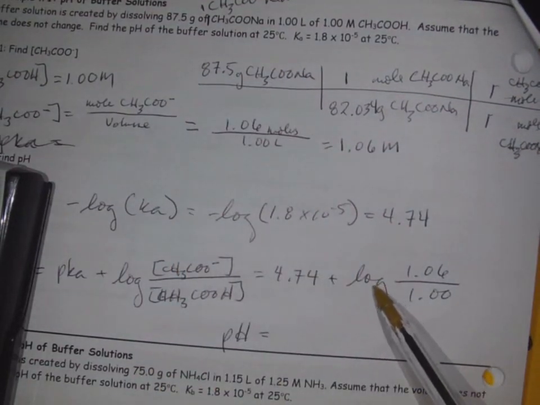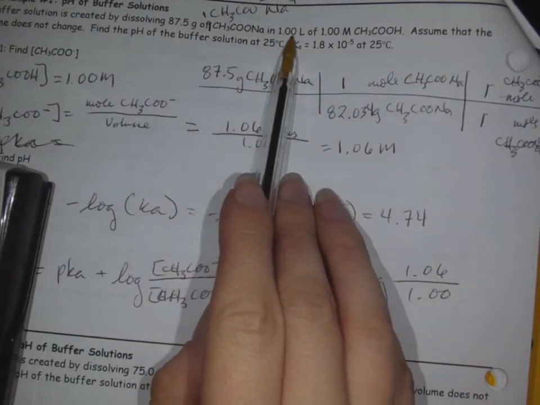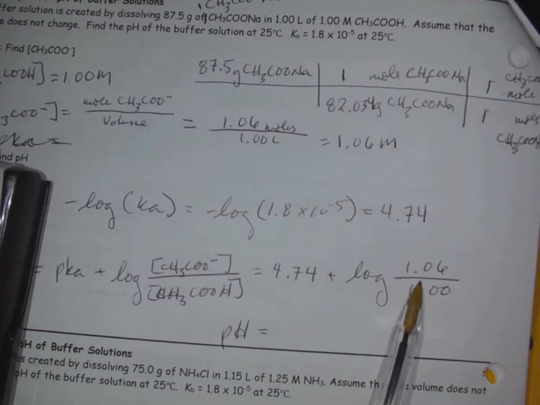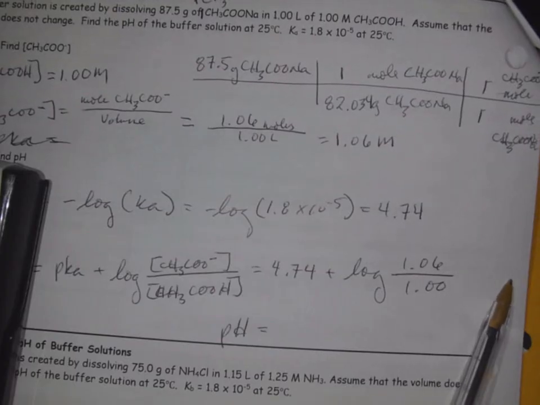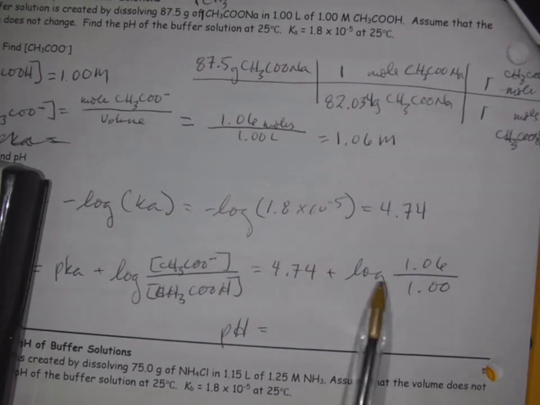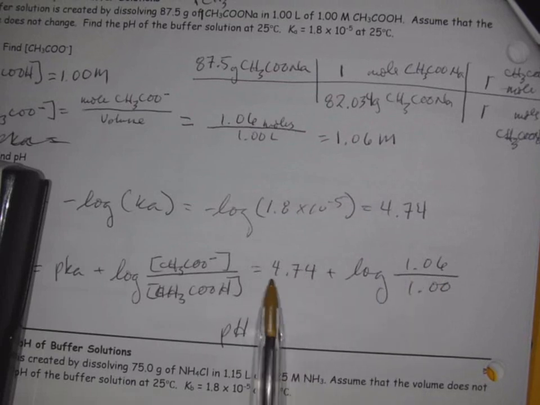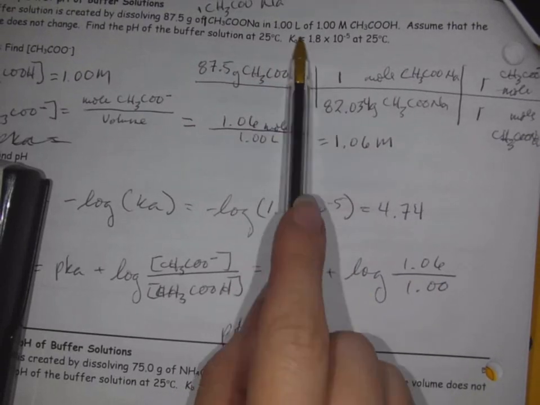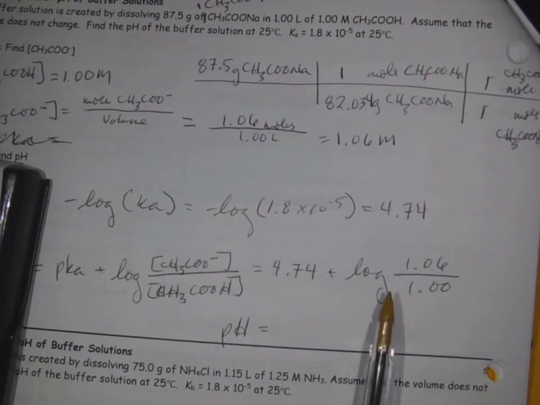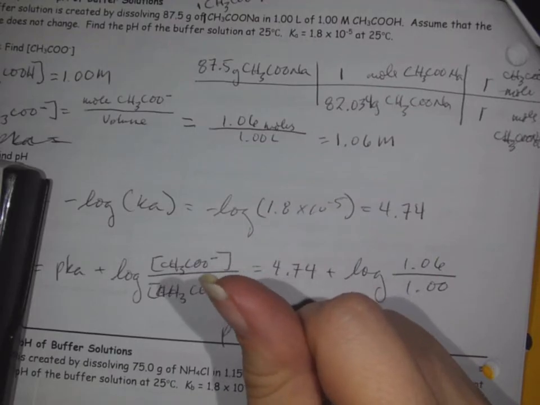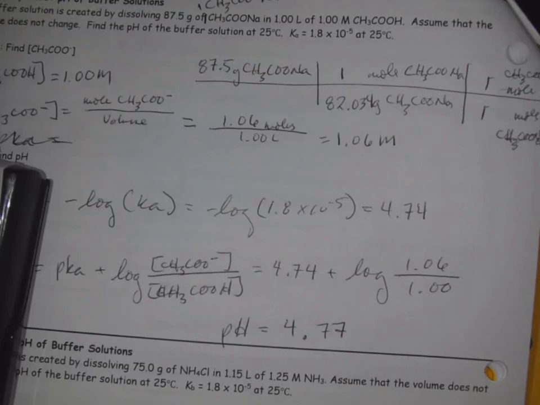We're taking log values of this, and so the answer to just this part would need 3 digits after the decimal, where this one, here's our Ka, we had 2 digits after the decimal as far as sig figs go, and then we're adding them together. So I believe our final answer with sig figs and everything is 4.77.